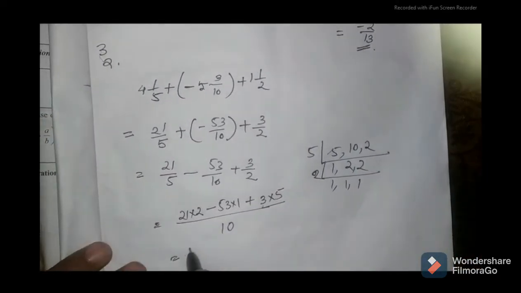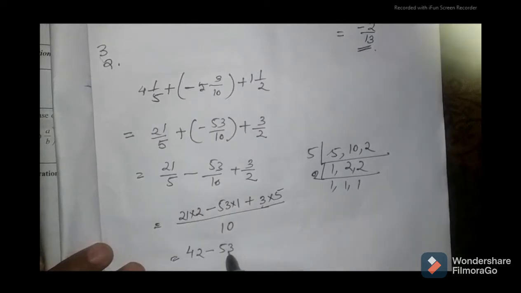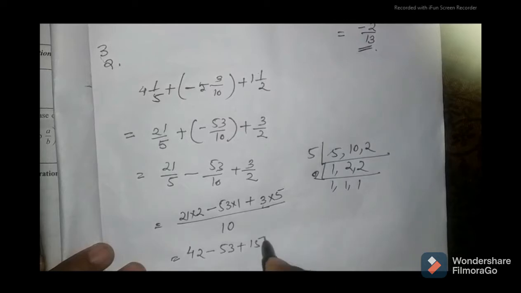Now 21 into 2, here 42 minus 53 plus 15 by 10.